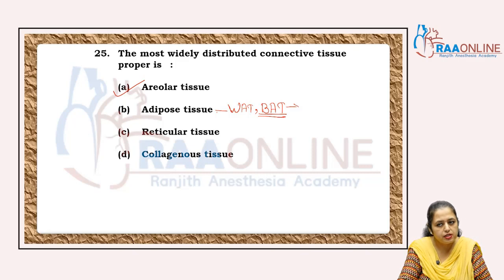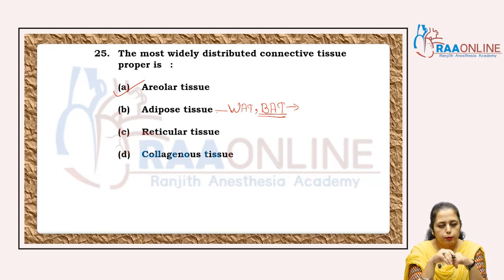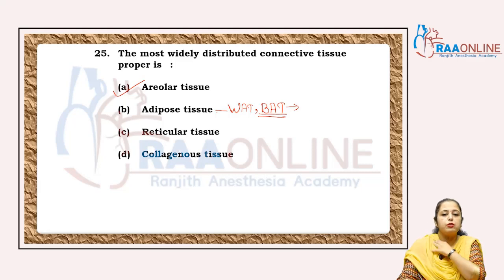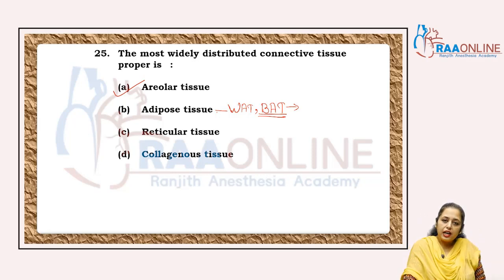That's why it is present in hibernating animals and in neonate babies, but it gradually decreases. It shows oxidative phosphorylation, and the heat is not stored in the form of ATP.